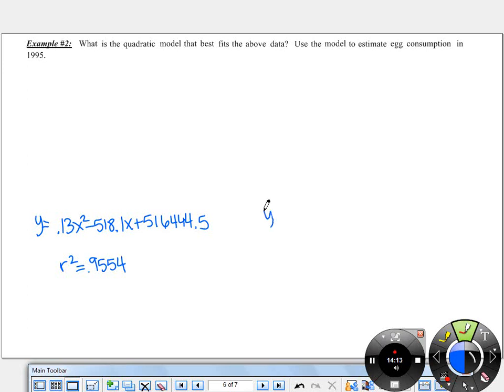And I'm going to calculate predicted egg consumption from 1995. So I'm going to go ahead and do this calculation. You guys should be doing the same.